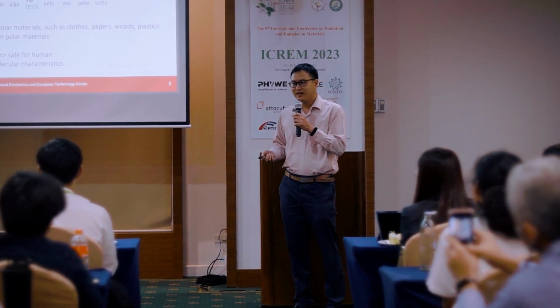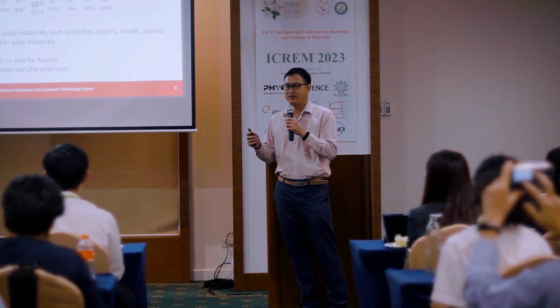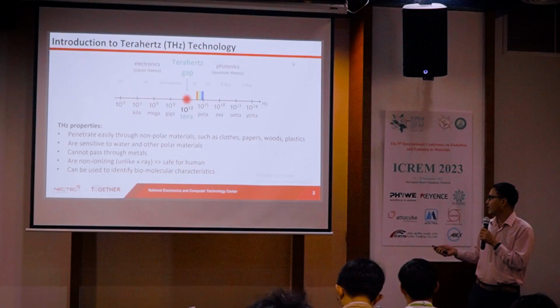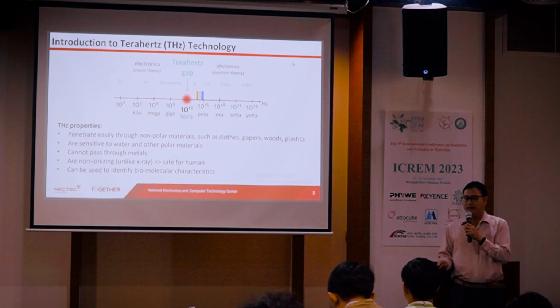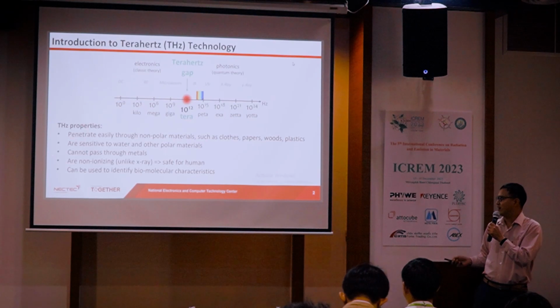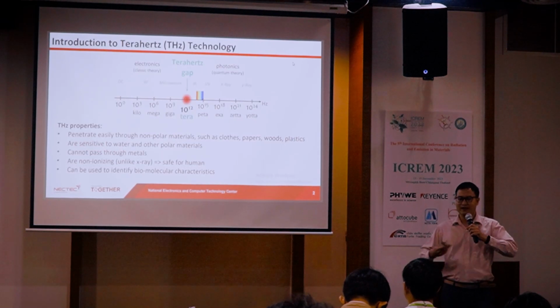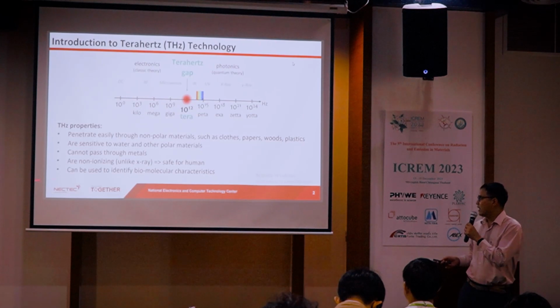The first property is that it can penetrate through non-polar materials, for example clothes, papers, woods, and plastics. The second property is that terahertz signals are quite sensitive to water and other polar materials, meaning that you can do some moisture imaging experiments.